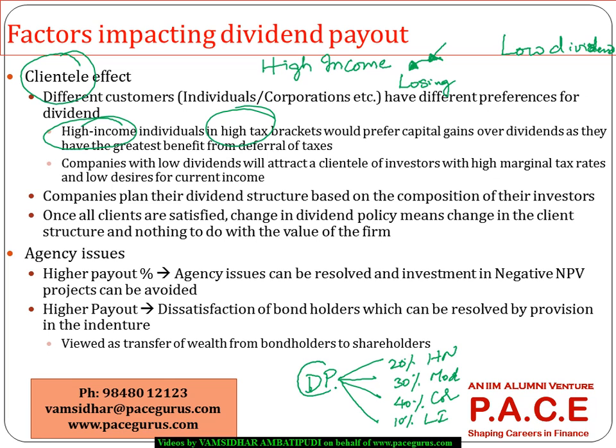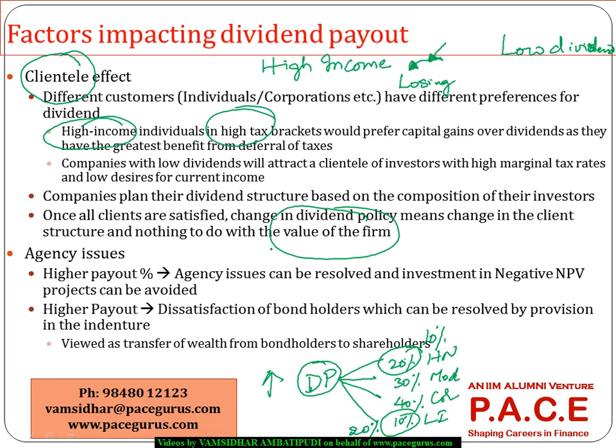Now, if the dividend policy is altered, let's say this company is going to move for a very high dividend payout the next year, all that happens is probably the company will lose these customers. So probably this number will go down to 10% and it may gain more of these customers, which means it is actually playing with the proportions of the clientele rather than any additional value being added to the firm by changing the dividend structure.